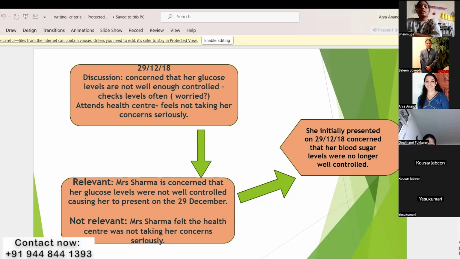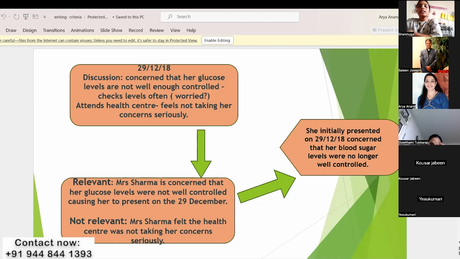In this case note, we have relevant and not relevant information. You can separate it into two. First, the relevant information is that Shima is concerned that her glucose levels were not well controlled. That is the relevant information according to our reader.